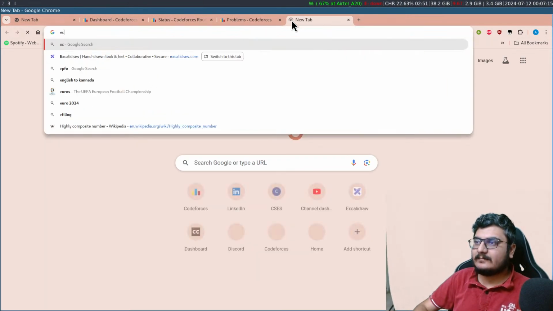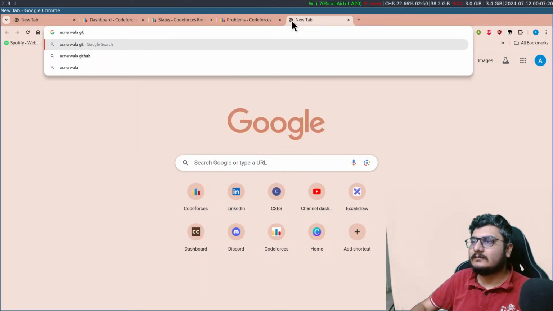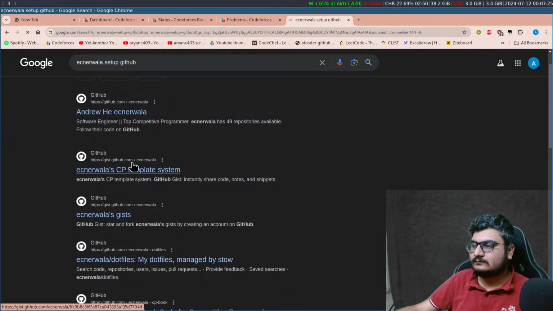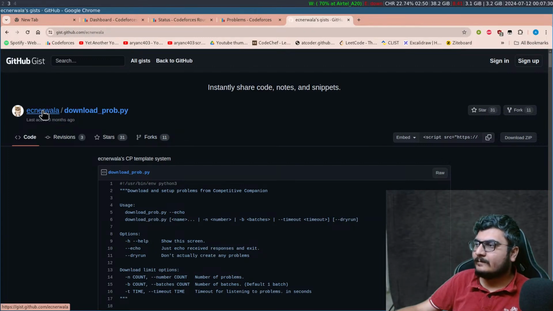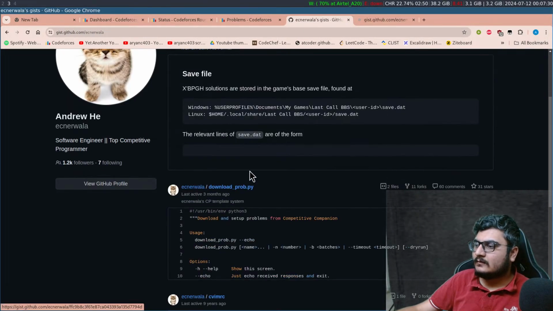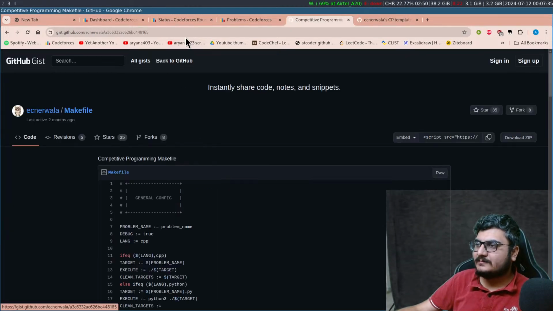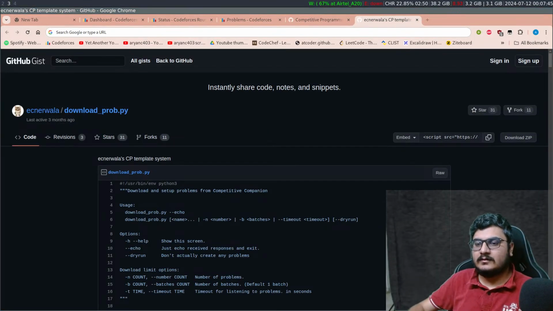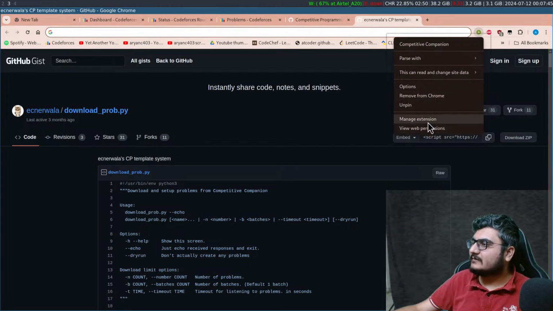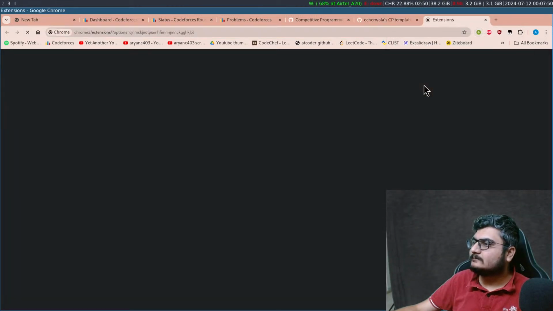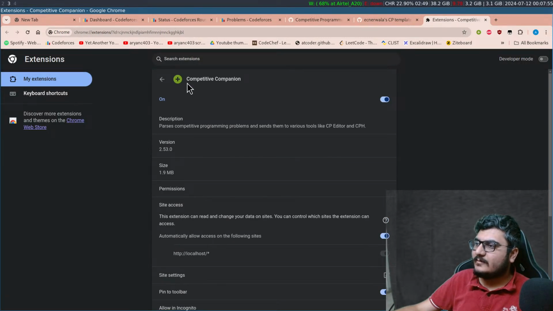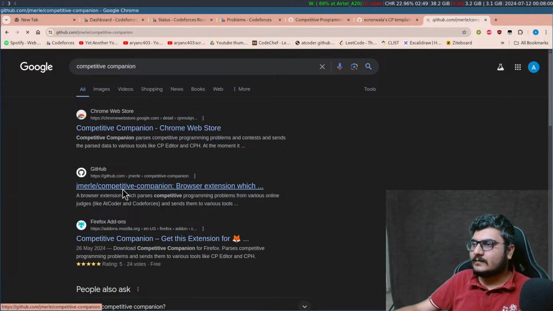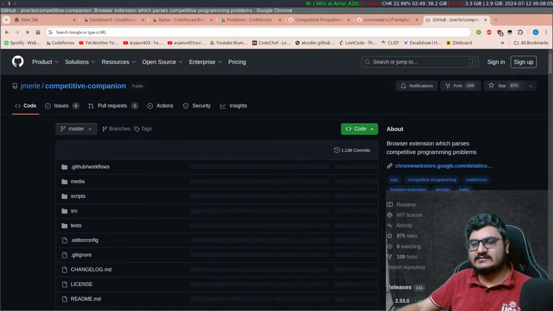So I am using these two scripts. Along with this, the Competitive Companion extension exists. So these are the three things I am using.